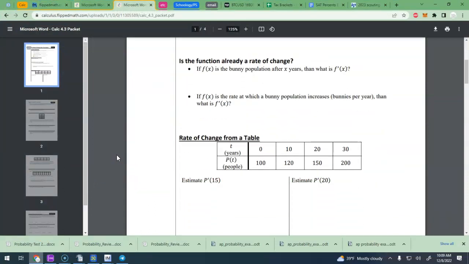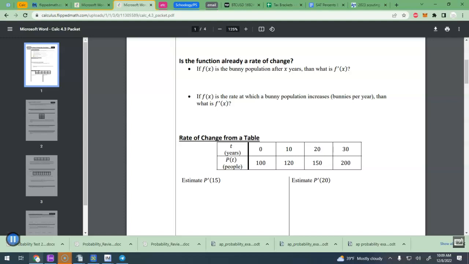Okay. So then we get this. Part of this is, again, working with the units over here, and then estimating slope, which we've actually done before. If f of x is the bunny population after x years, then f prime of x, if f of x is bunnies and the unit we're working in is years, what's the derivative of bunnies?